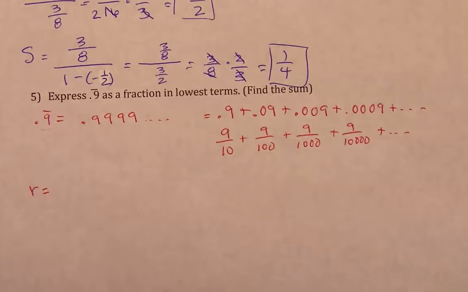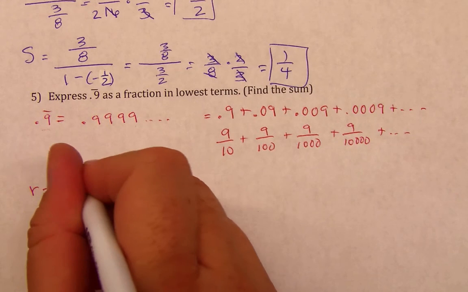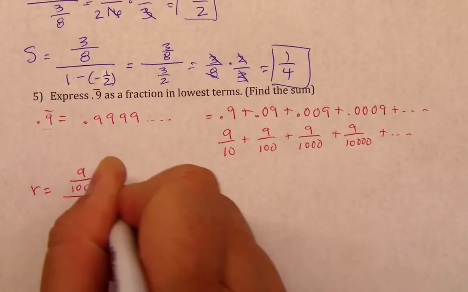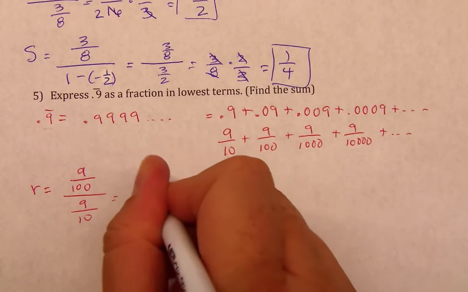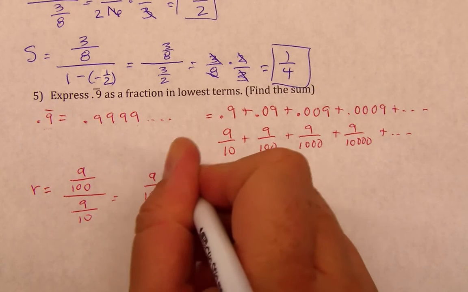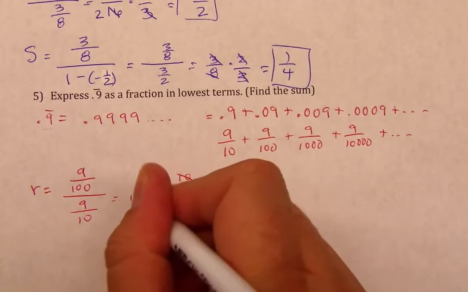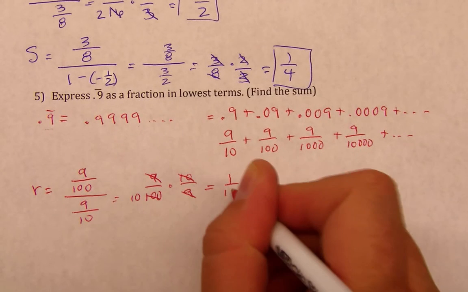Some of you might already see that it's going to be 1 over 10. But if you don't see that, we can go through the process of solving for it. So our r value is 1 over 10.